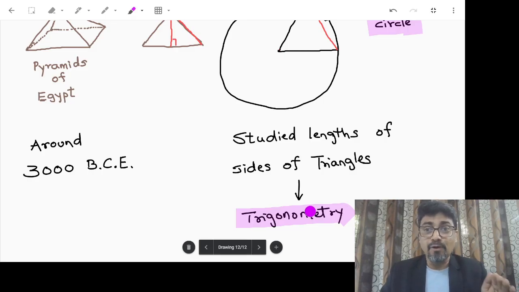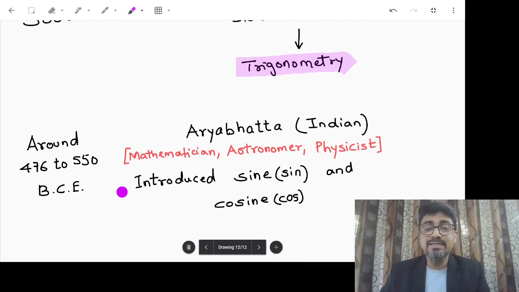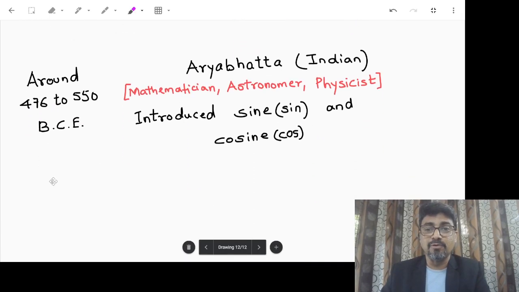Now cut from 3000 years before to about 476 to 550 years after. Our own Indian mathematician Aryabhatta. Do you know what Aryabhatta is credited for? He is credited for the discovery or the invention of the number 0.